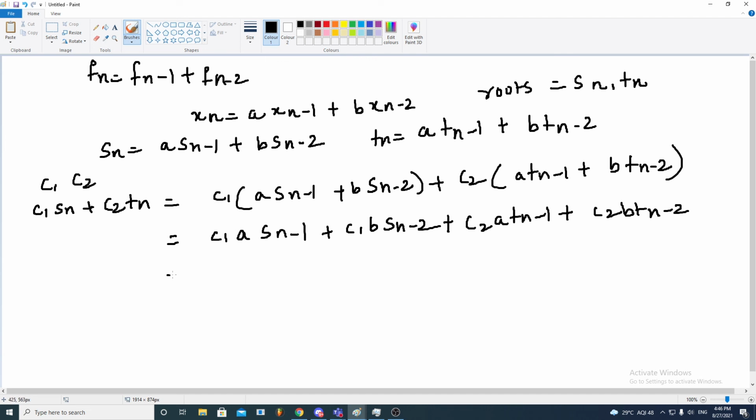So let's bring the a terms together. We will have a times c1 s of n minus 1 plus c2 t of n minus 1.